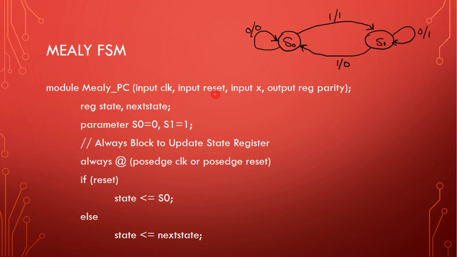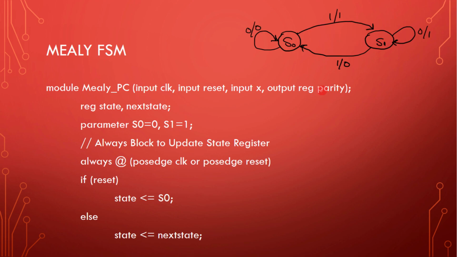Here you have reset input, which will reset the state registers to its initial state, and here you have input X. Whereas you have your output, which is of type register, and the name of your output is parity.